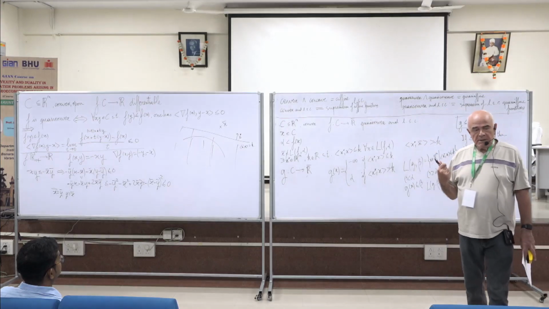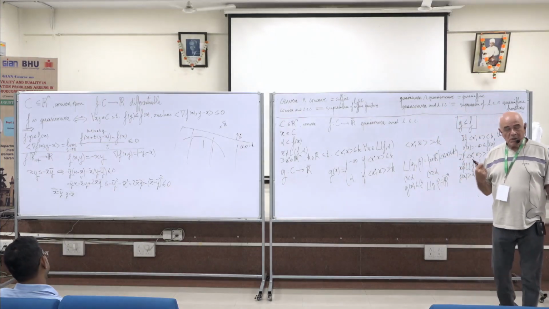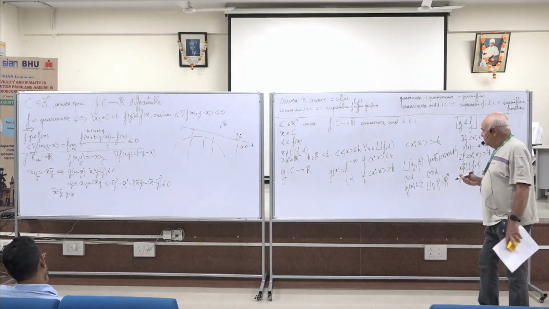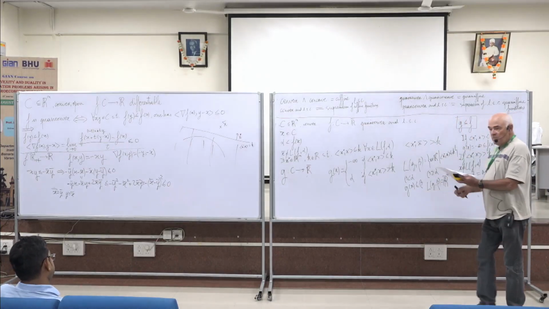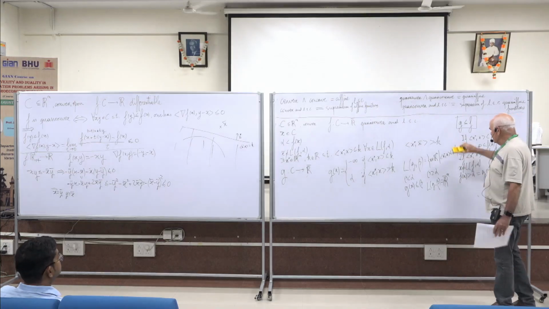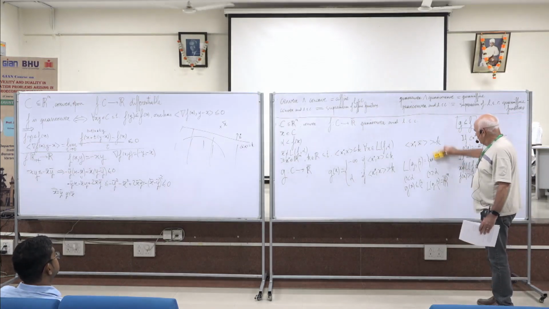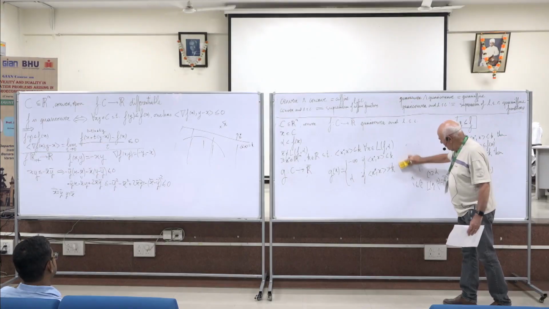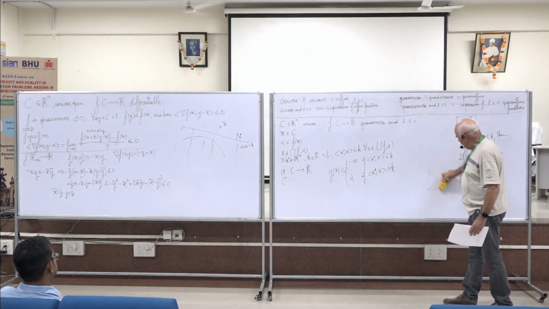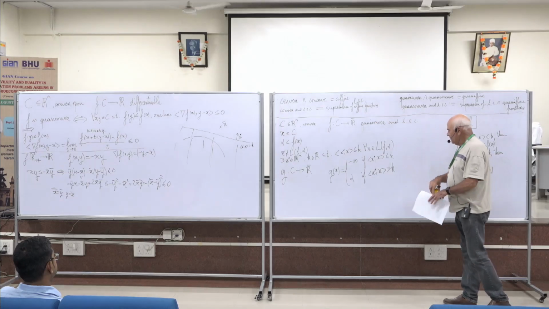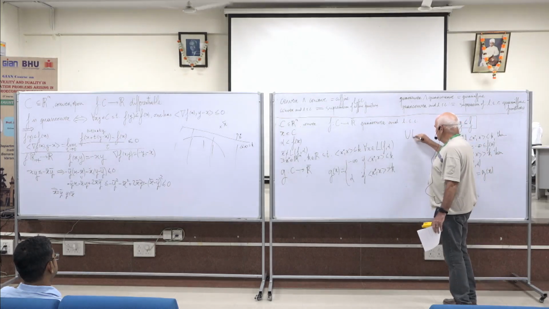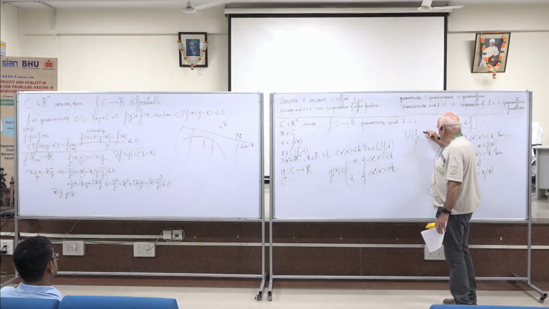But now we will see that it's also quasi-concave. Look at the upper level sets. We have to make an analysis similar to this one. Consider the upper level set of g corresponding to beta.